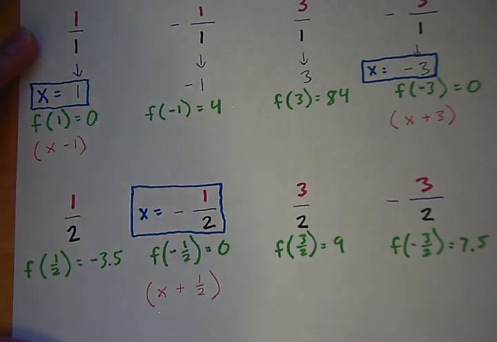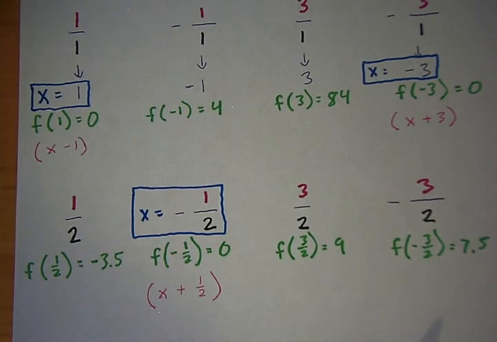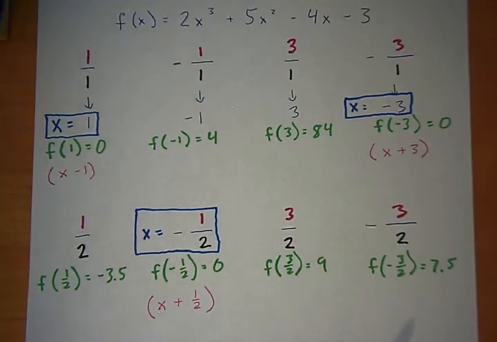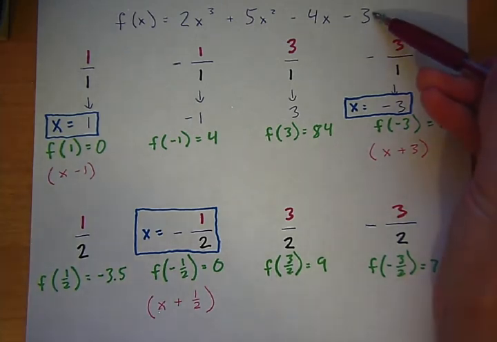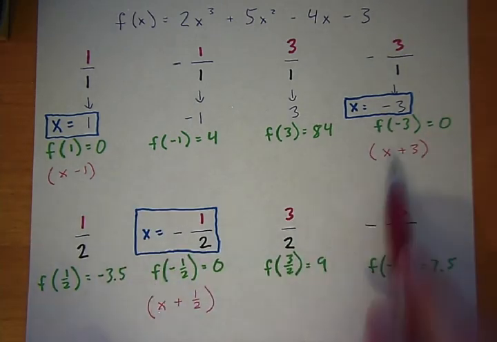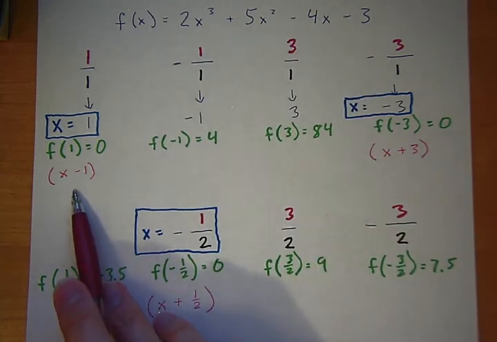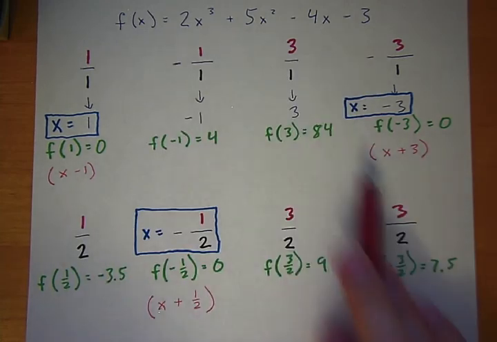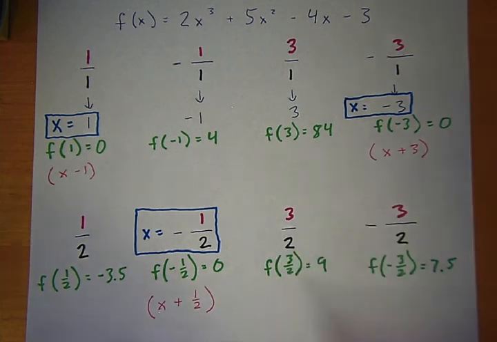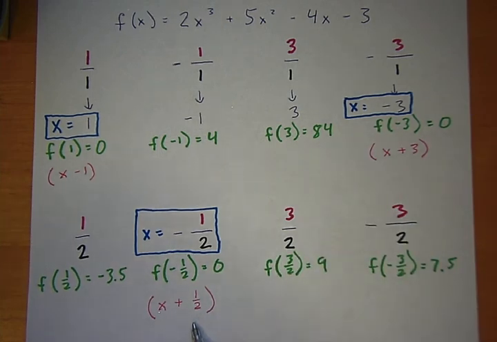Another way of saying that is I know that my f of x divides evenly with each one of these. When I divide my f of x by this, there will be no remainder. If I divide my f of x by this one, x plus 3, there will be no remainder. Same thing with x plus 1/2.